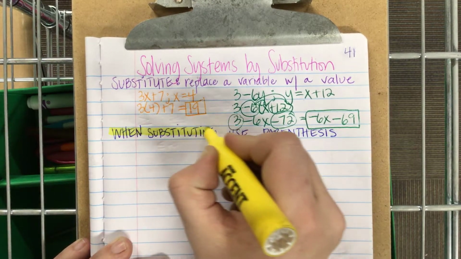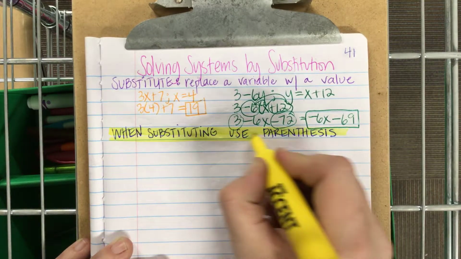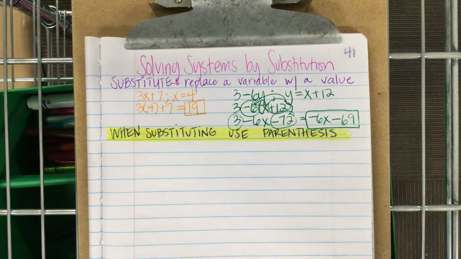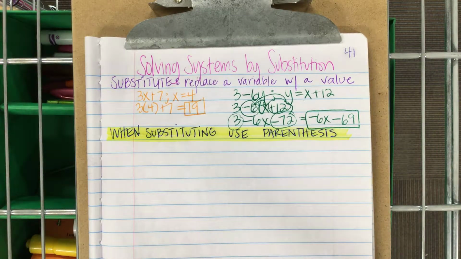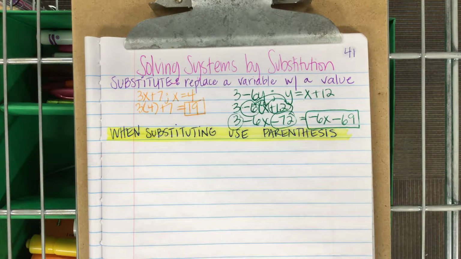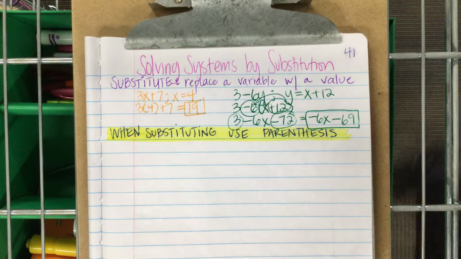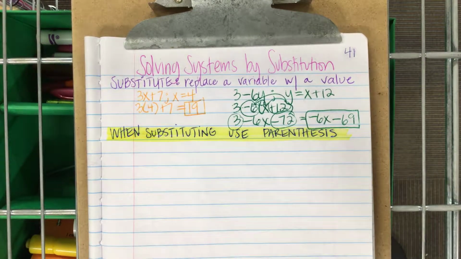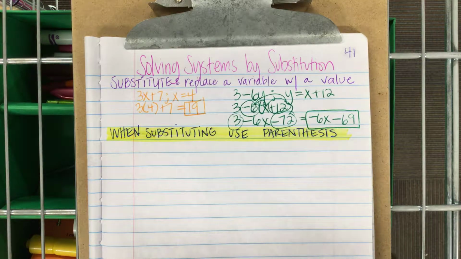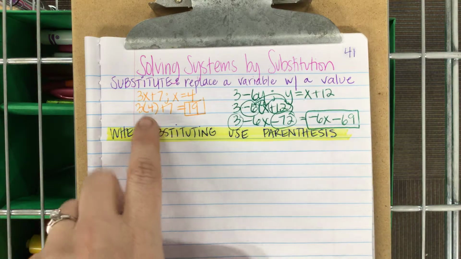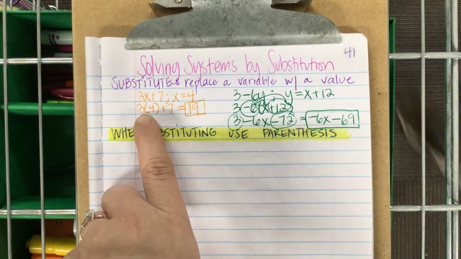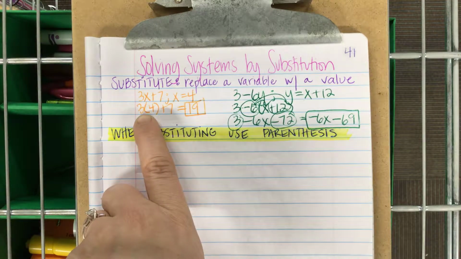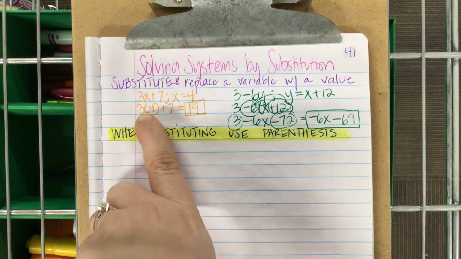I understand middle schoolers like to get things done fast, and they think, I'll save time by not writing the parentheses. Doesn't save you that much time. You are getting so good at this type of stuff that you start to almost do things on autopilot. Instead of thinking, you just start going. And what happens is someone will look at this and say, oh, that's 34, if they did not use parentheses, instead of 3 times 4.